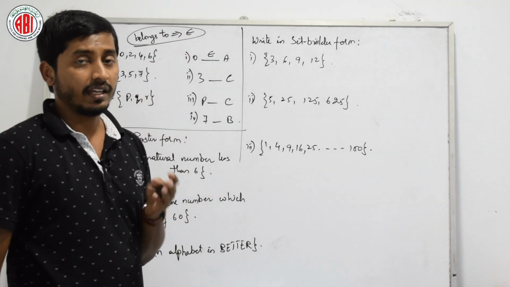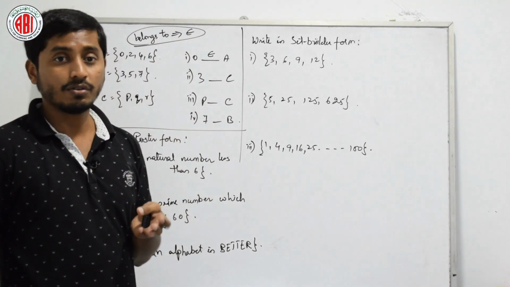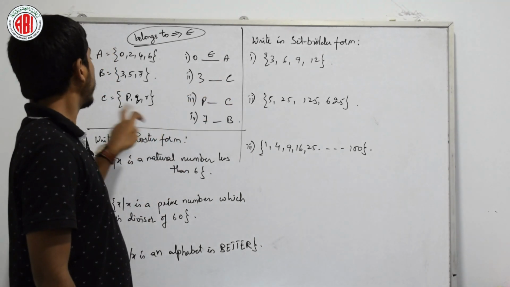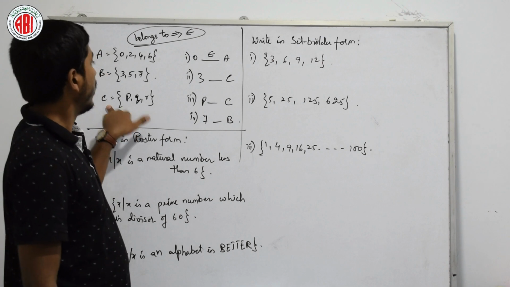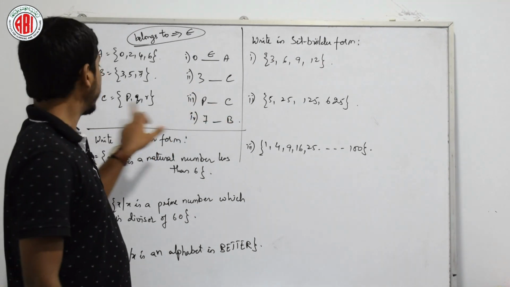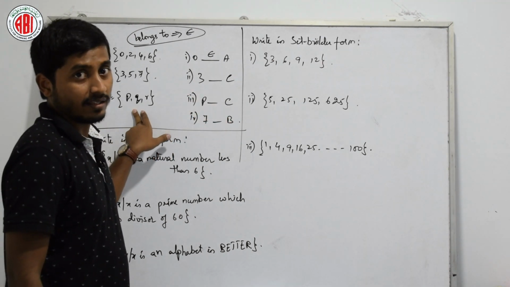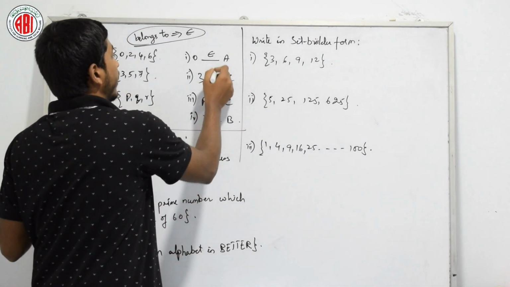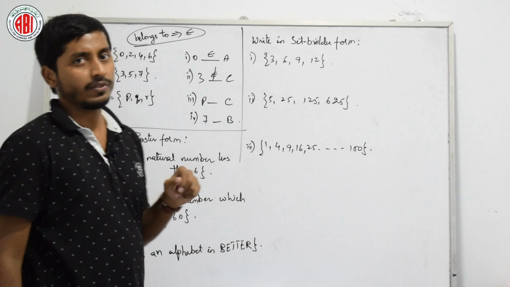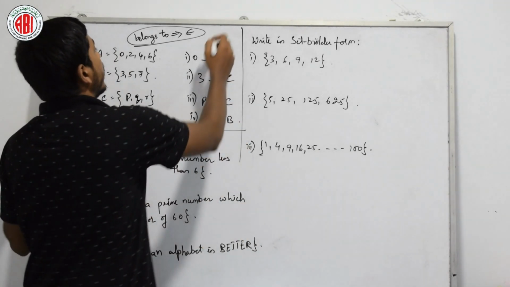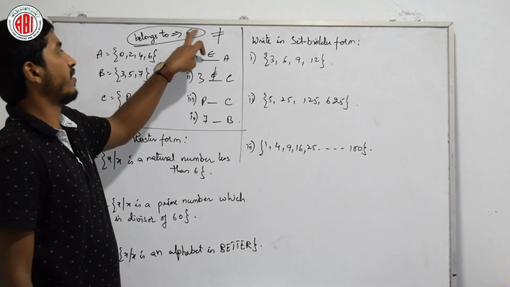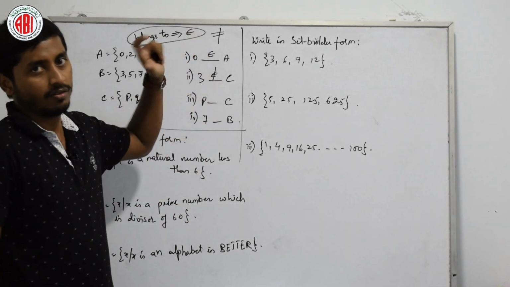If it says does not belong to, let us see what it will be. 3 and C. Where is C? Here it is, set C. Is this 3 in the set C? Do we have 3 in this third set? We don't have. Therefore, we write does not belong to. It is similar to equal to and not equal to. There is also one symbol for that. Is it okay? Hope you can remember.